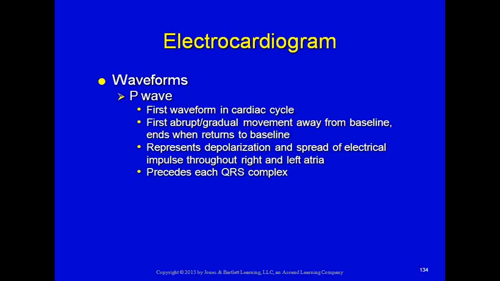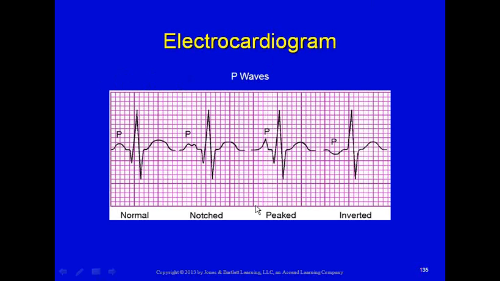It's well rounded and above the isoelectric line, and the P wave represents the depolarization of the atria, or the spread of the electrical current through the right and left atria. The next waveform that we see is going to be a QRS complex.